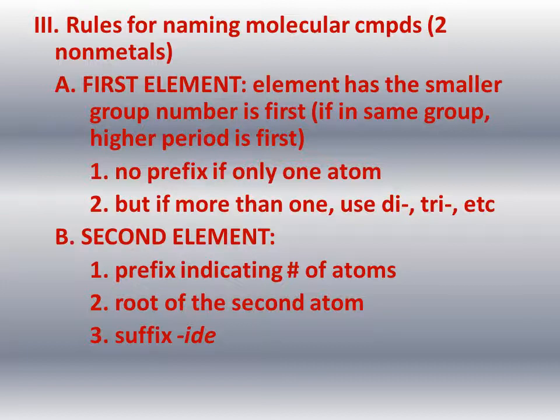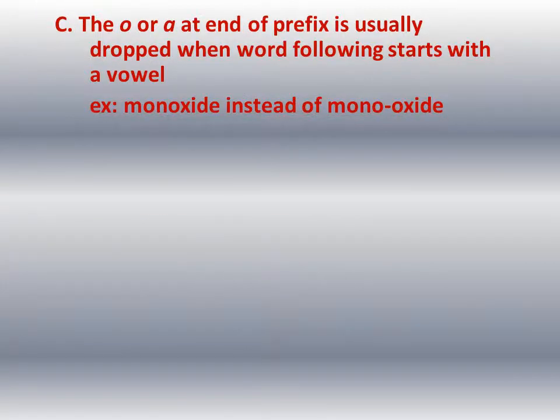IDE means that the element is bonded to something. Thirdly, the O or A at the end of the prefix is usually dropped when the word following starts with a vowel. For instance, we say monoxide, otherwise it would be called monooxide. Instead of having two vowels together, which isn't good grammar, we drop an O and call it monoxide.